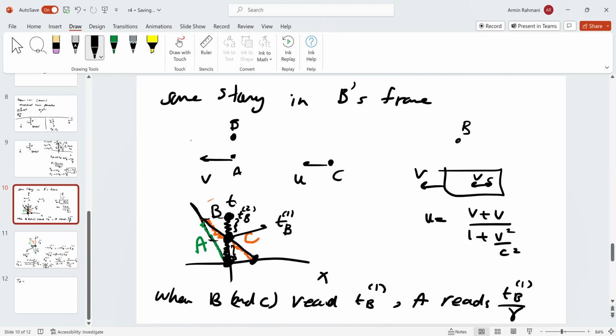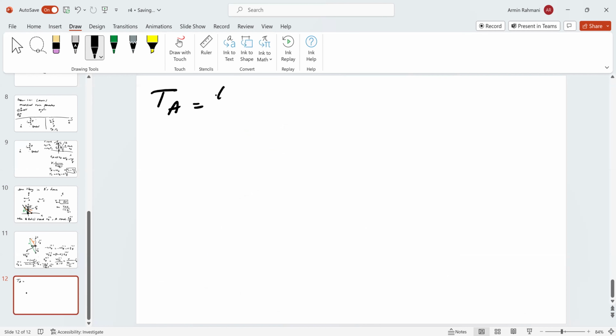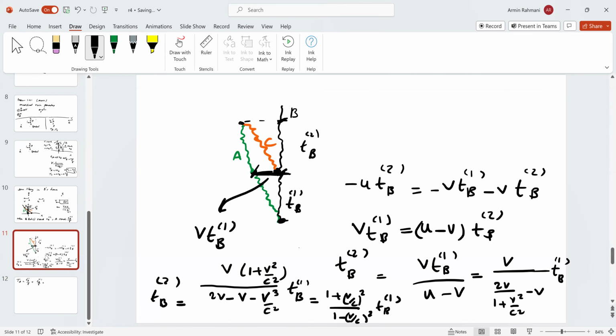We already figured it has advanced by TB1 over gamma from here to here. And then I have to add a TB2 over gamma. So TB2, we know it in terms of TB1, it's that expression.